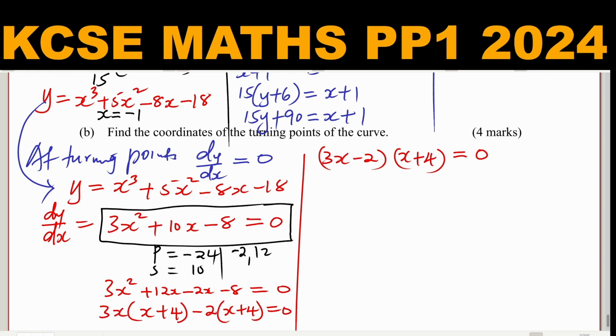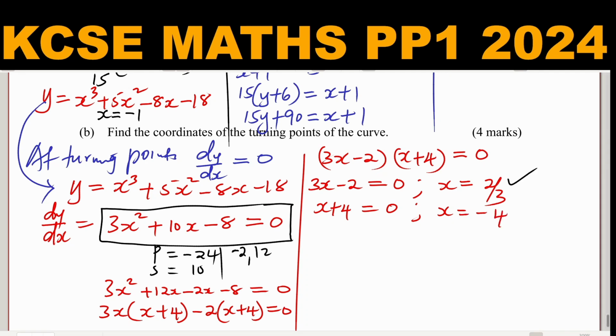So you get two values. 3x minus 2 is equal to 0, and here you get the first x coordinate of the turning point, which is 2/3. And when x plus 4 is equal to 0, here you get the x coordinate to be negative 4. So these are the x coordinates of the turning points.